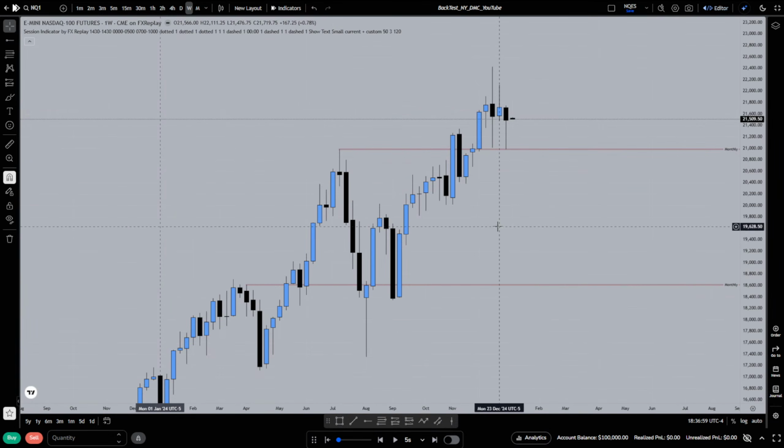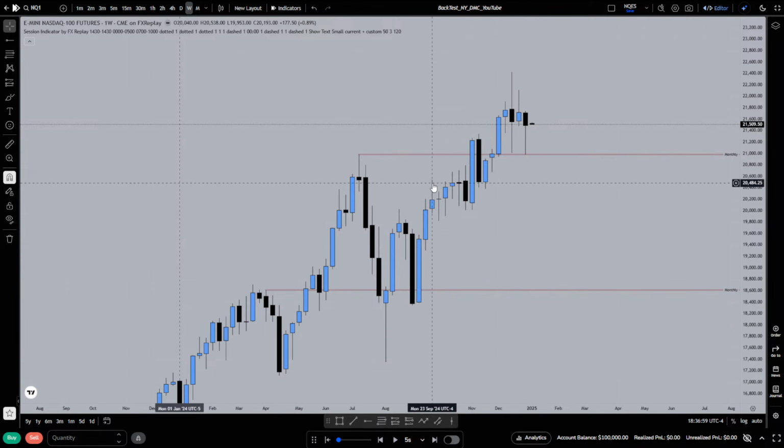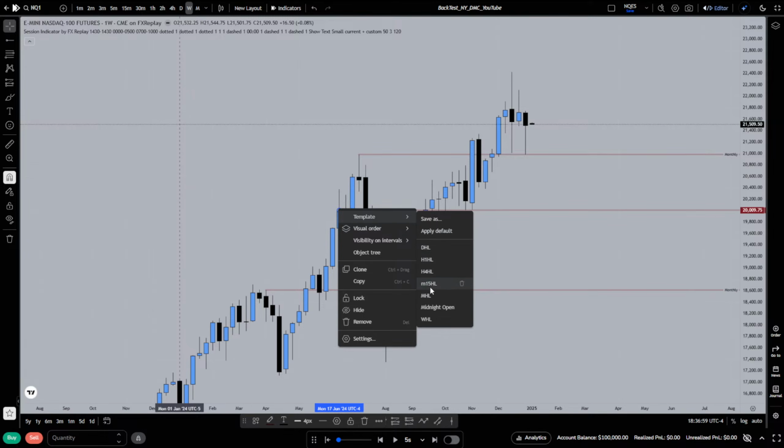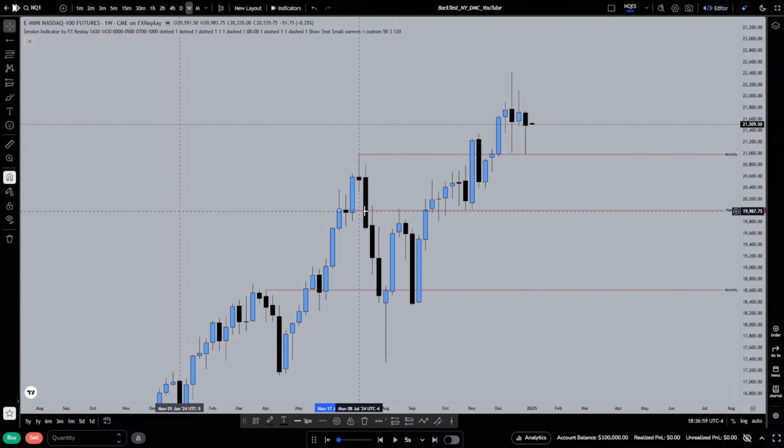So now in the weekly, in this leg, there was one weekly level which we broke above, and then we basically gained this level and then we lost it.